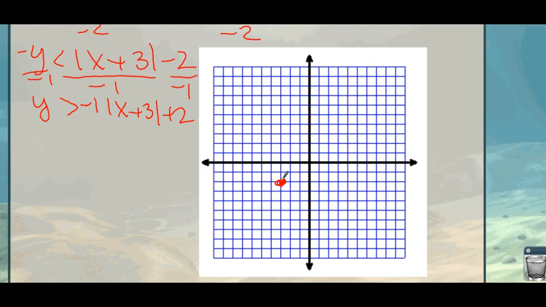Sorry, left 3 is left 2. It's open down. My line is dashed.